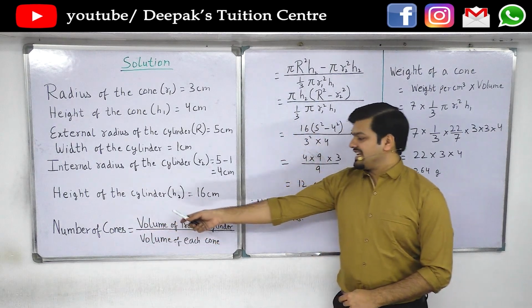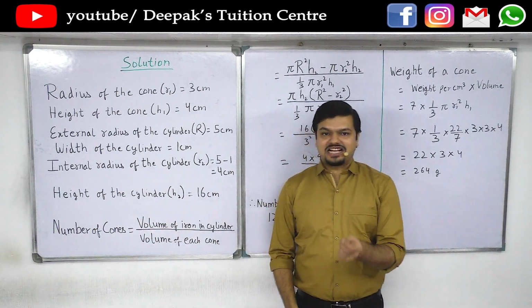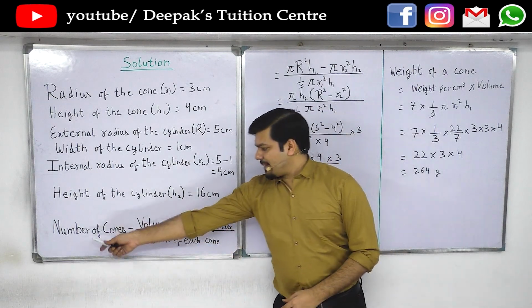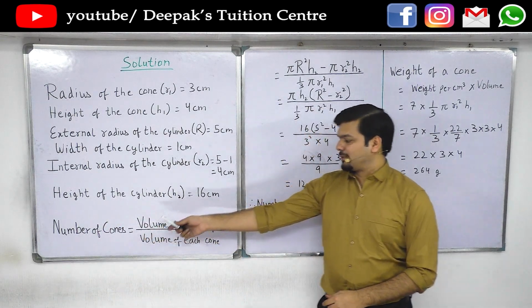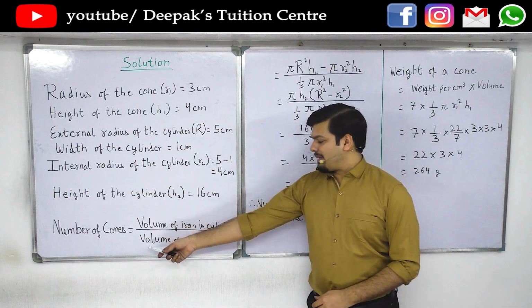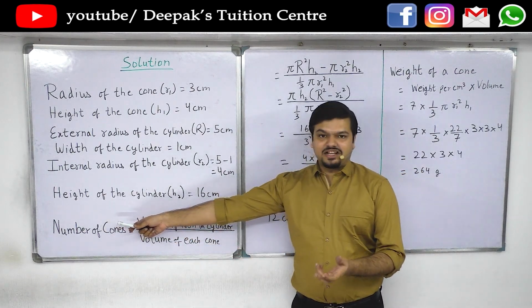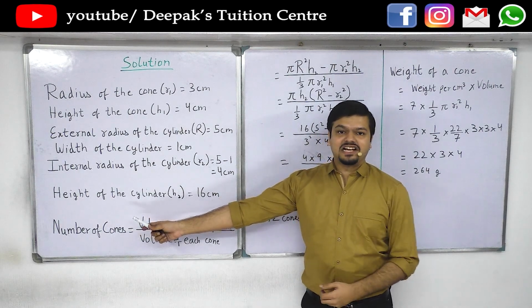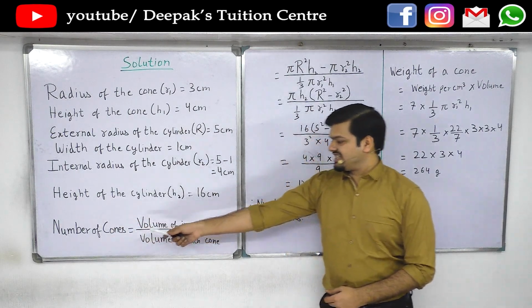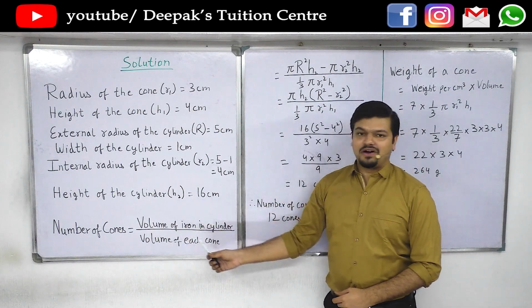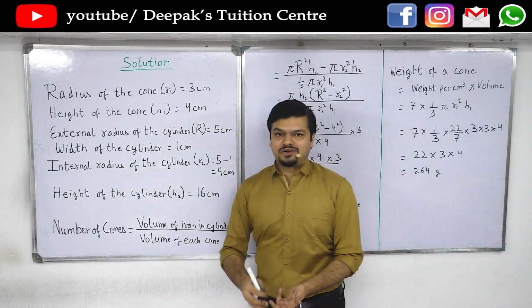Number of cones is equals to, since we are asked to find the number of cones, I used the formula number of smaller things is equals to volume of bigger things by volume of smaller things. So I have adjusted the formula according to the language given in the question. Number of cones is equals to volume of iron in cylinder divided by volume of each cone. Now I will substitute the values.